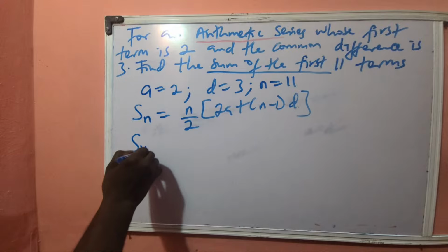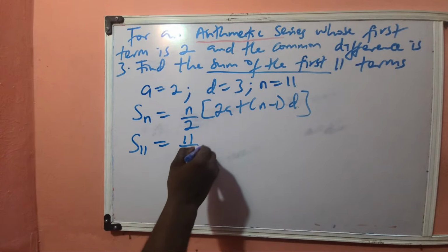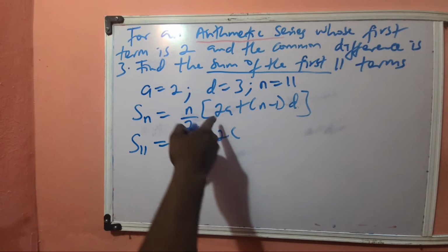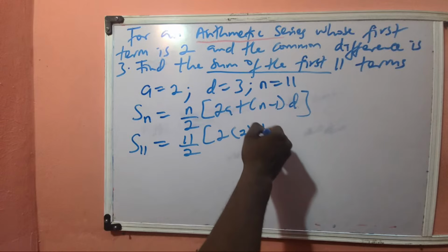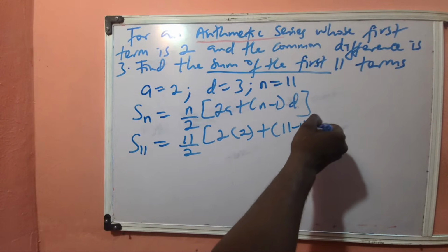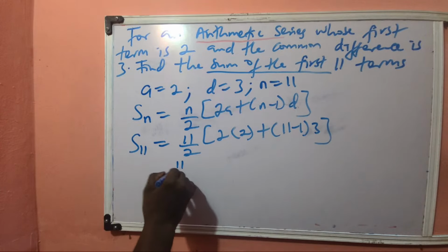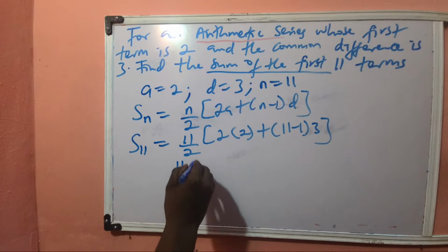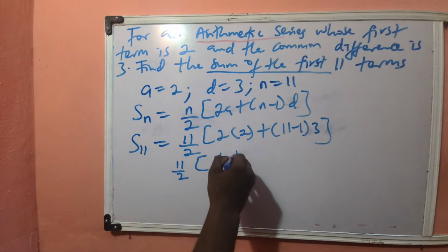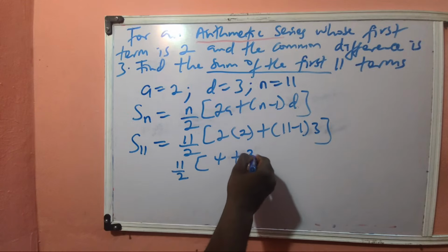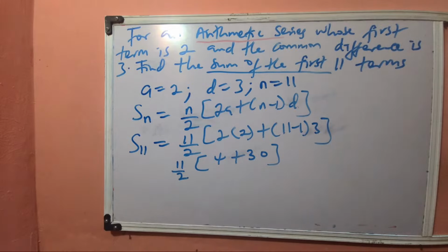So to find S11, I'll be having 11 over 2, then 2 times my a here, which is 2, plus 11 minus 1. My difference is 3. So I have 11 over 2, then I have 4 plus, this is 10 times 3. That's 30.